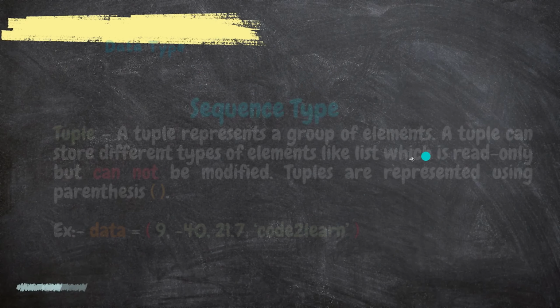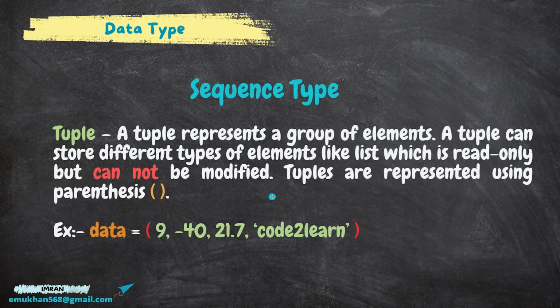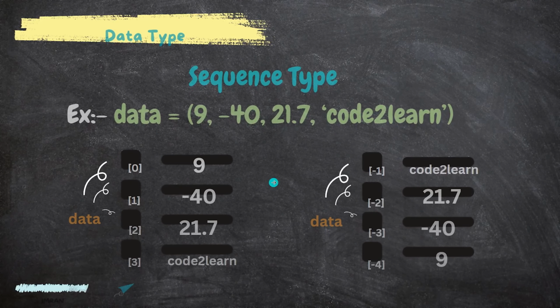So what we are talking about, a tuple, you cannot modify it, you can only read. And when you are trying to write a tuple, you have to use parentheses, then it will be considered a tuple. You can have their position like a list.